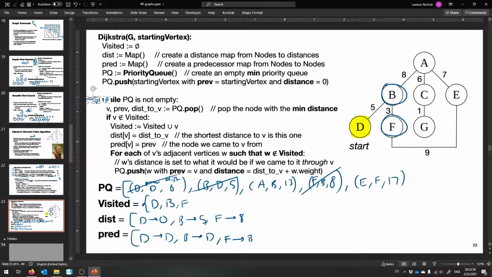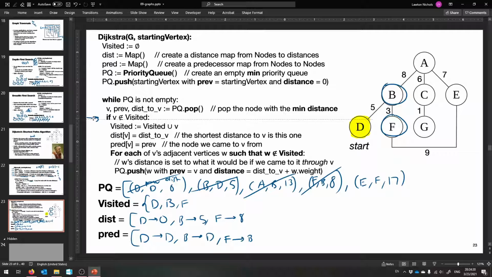And so it seems that it's not better to go the long way through F to A, because there is a way to get there. No, the algorithm's telling us that the next thing that we need to pop off is A, so that is going to be added. Okay, we know the shortest path to A now. It takes 13. Okay, so that's it. We pop the min thing.